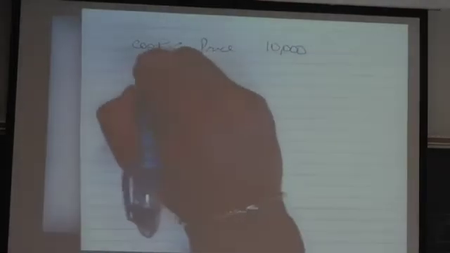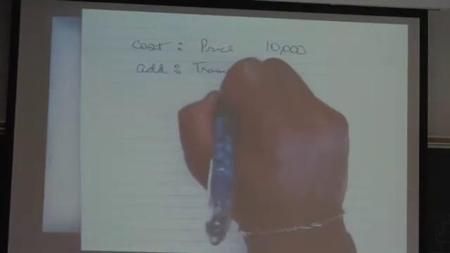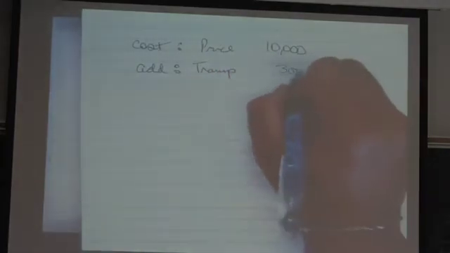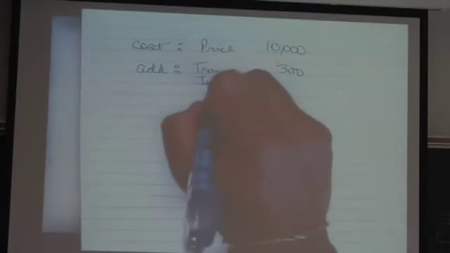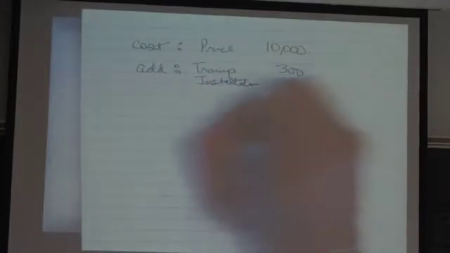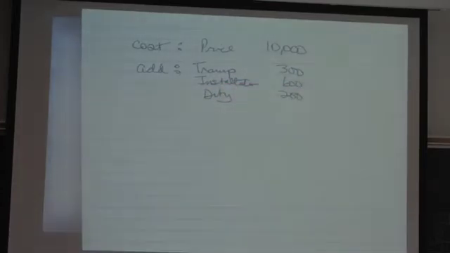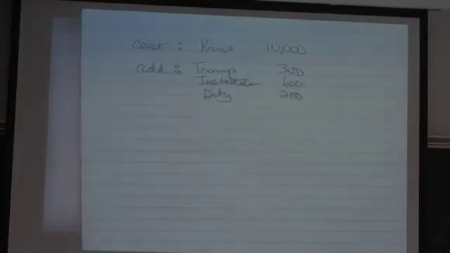We're going to add transportation of $300, installation $600, and duty $200. Now, we're going to assume that they paid within the 15 days.